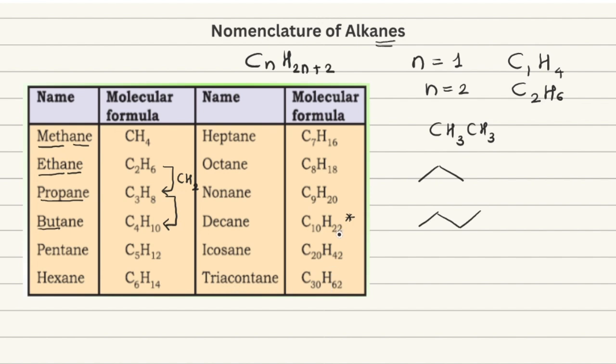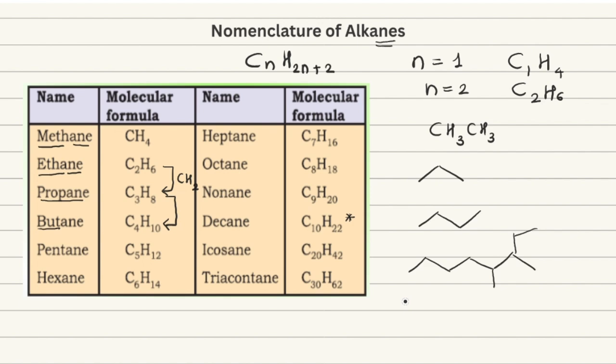So these are some of the alkane molecules where they have a straight chain of carbons. That means there are no branches on the straight chain. Now, what if there are some branches like methyl, ethyl, etc.? How to name these molecules? For that, you need to follow some simple set of rules.